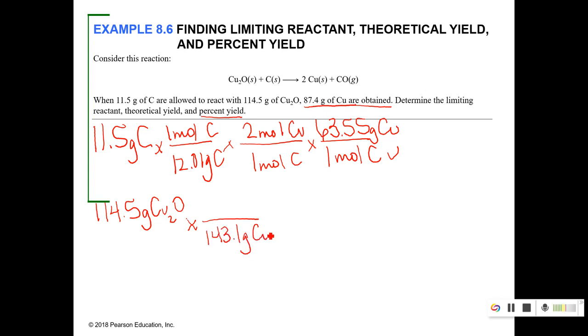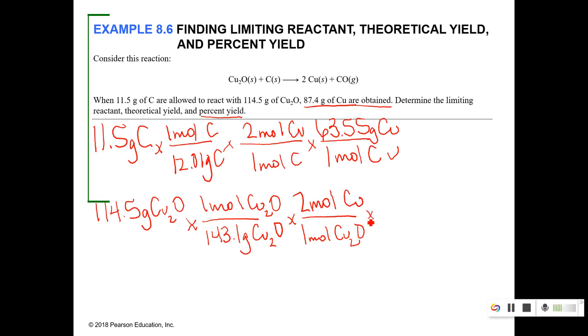Okay, we've got 143.1 grams of our copper 1 oxide. 1 mole of that. From our balanced equation to 2 moles of copper.